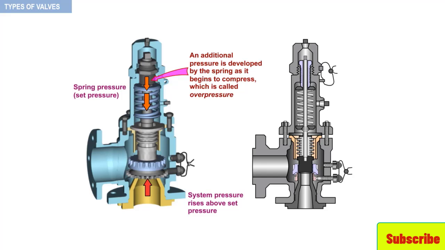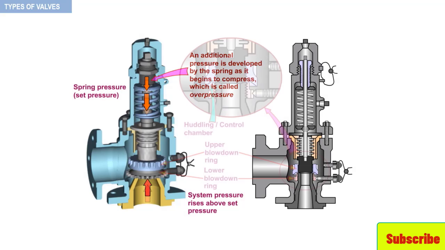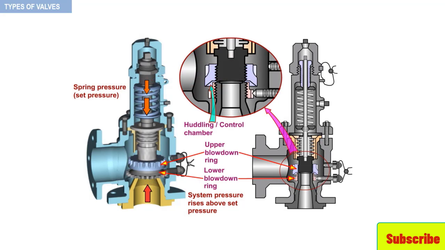The discs are designed such that the escaping fluid acts on a larger disc area, therefore increasing the applied force which is required to overcome the overpressure. This is achieved by means of a simple shroud arrangement or by upper and lower blowdown rings, which provides a volume called control or huddling chamber.